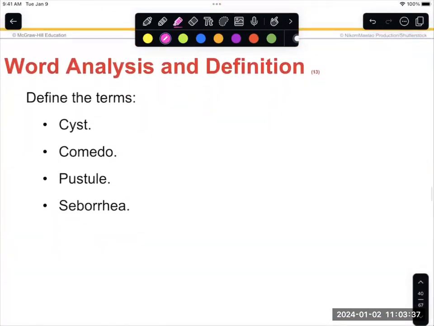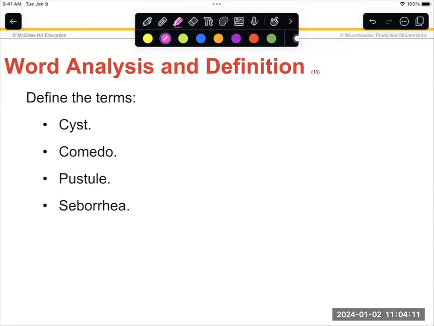Cyst. A cyst is an abnormal fluid-filled sac surrounded by a membrane. Comedo is a whitehead or a blackhead that is produced when too much sebum and too many keratin cells block the hair follicle. Pustule is a small protuberance on the skin containing pus.